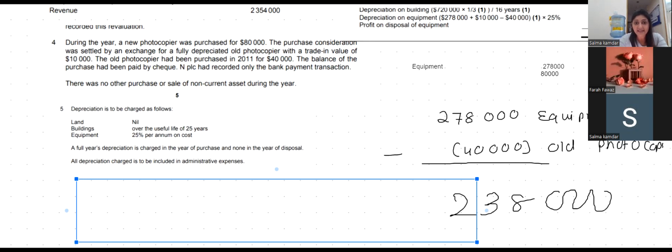And NPLC only records the bank payment transaction. That also they are telling you. They are also telling you that we are recording all the purchases and sales based on the bank payment. So old machine gone, they got the new machinery and they have paid 10,000.